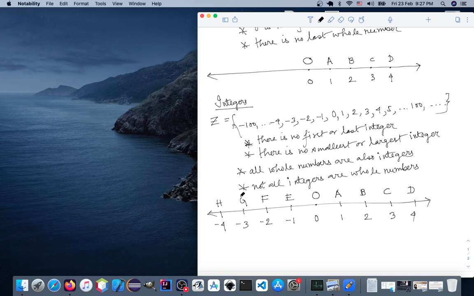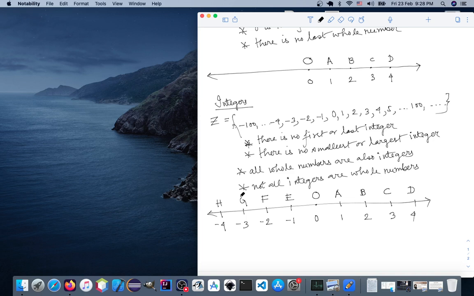Now these are not all the numbers that actually exist in the number line. What about a point in between A and B, or B and C, or C and D, or O and A, or E and O, or F and E?